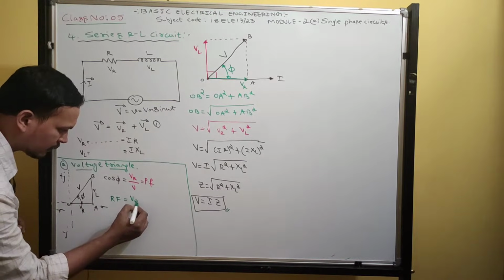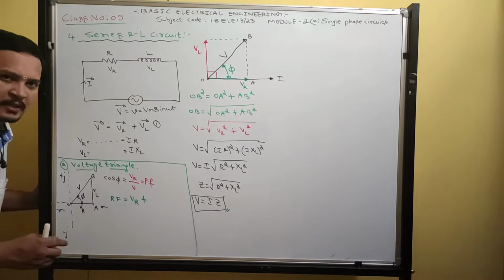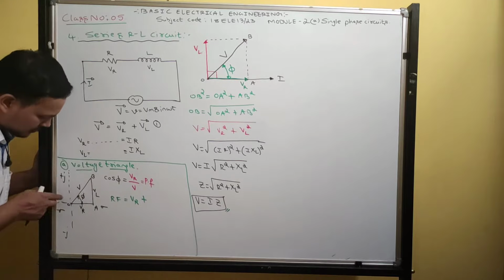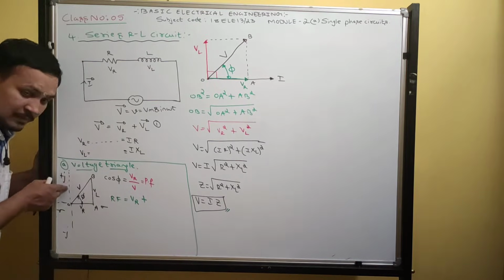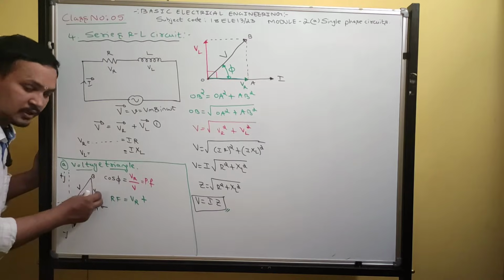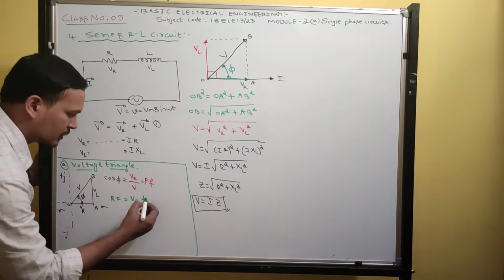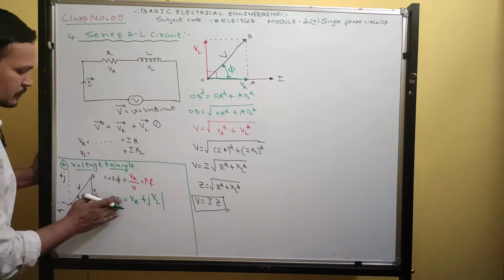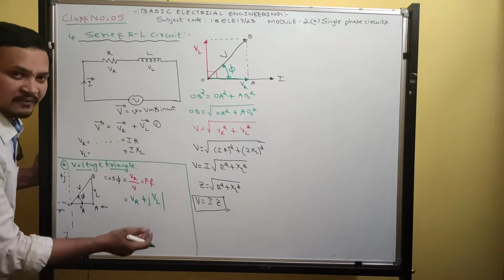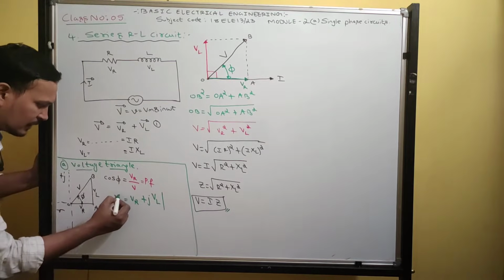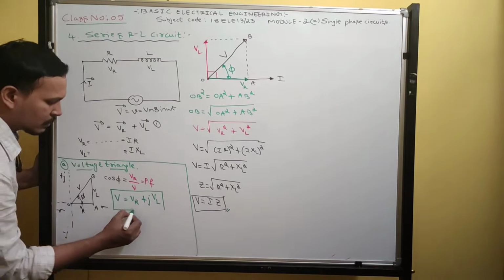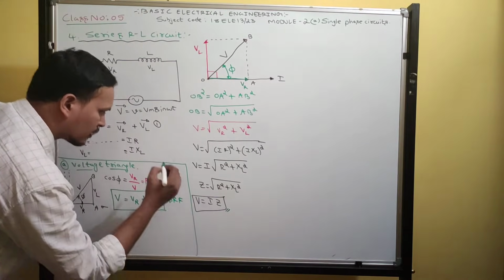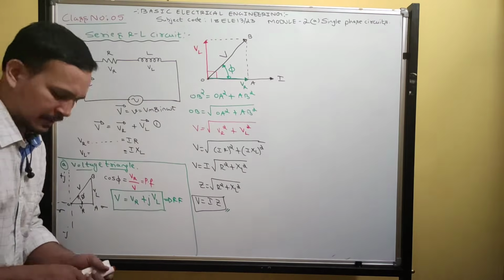VR, plus the imaginary part. What is the imaginary part here? VL. What is this axis? Plus j axis. This component VL lies on the plus j axis, therefore you should write plus j VL. So VR plus jVL is equal to V only, the overall voltage connected across the circuit, but this equation is in rectangular form.